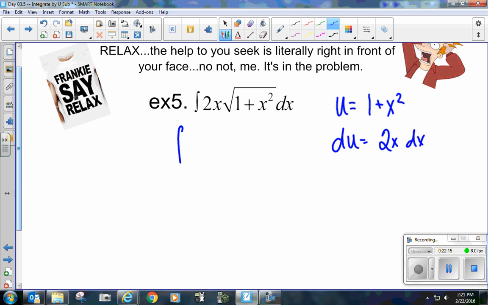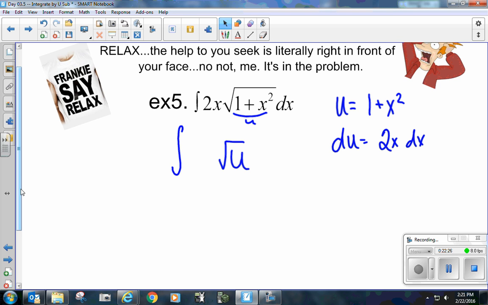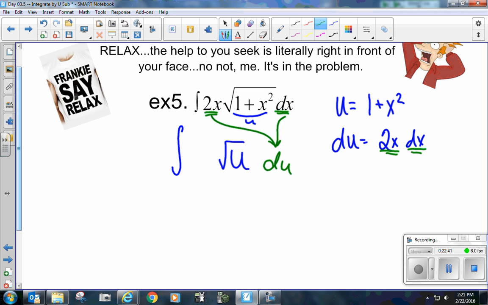I have my integration. Okay, it's going to be radical u, right? Now, du goes in for what? So this turned into a u. Where's my du go in for? 2x dx. Oh my God, 2x dx. That will turn into my du.